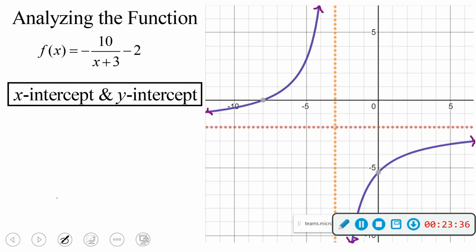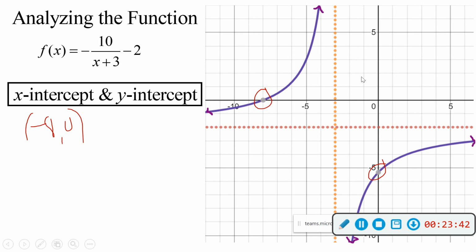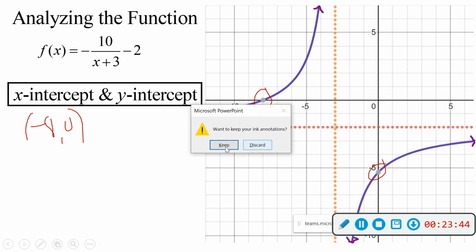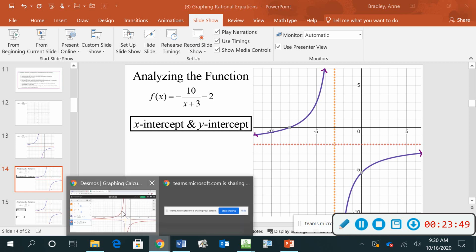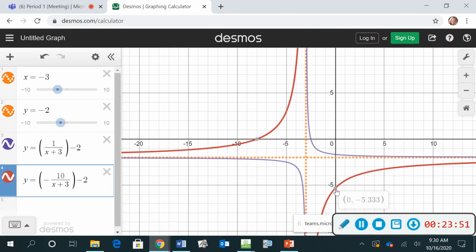So again, I'm easily able to see that this is -8, and this doesn't seem exact. So I go into Desmos, and I literally hover right over top of it, and I see it's -5.33333. Okay, -5.3 repeating.